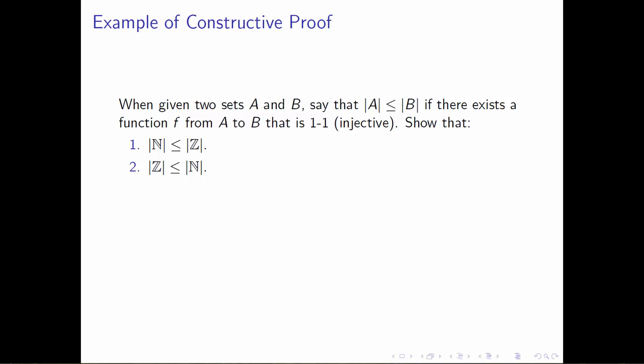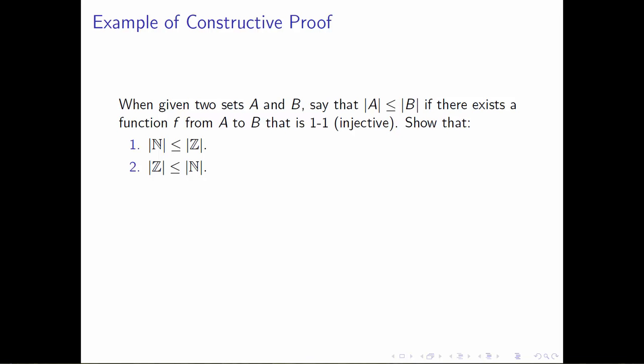So that's a definition that we're going to provide before we begin a proof. And then what we will prove is that the size of the set of the natural numbers is less than or equal to the size of the set of the integers. That seems fairly obvious to us because the natural numbers are a subset of the integers.